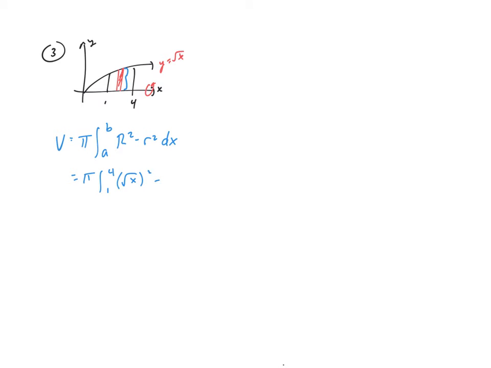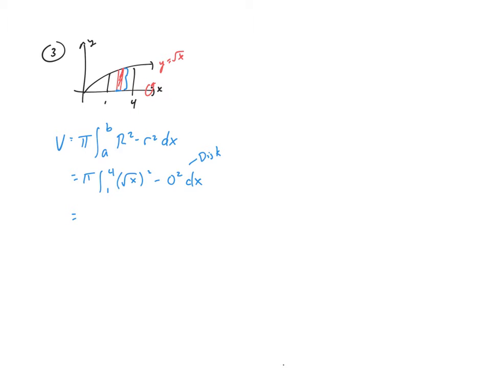Little r is the distance from the closer end of the rectangle to the axis of revolution. That's what creates our hole in our washers, but we don't have a hole there, so the inner radius is 0. That means that this is actually a disc instead of a washer.